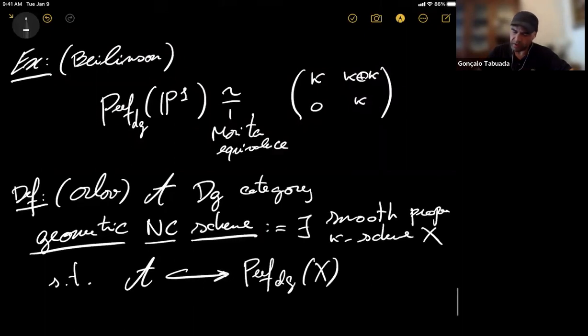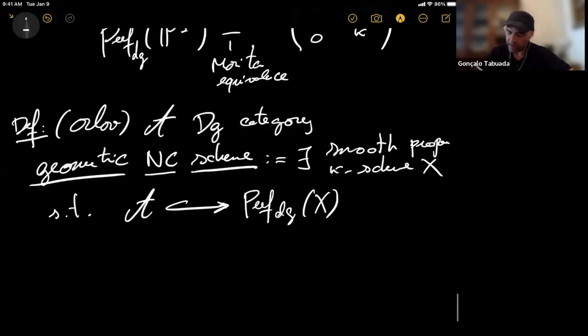This embedding needs to satisfy a technical condition: it needs to be admissible, in other words this inclusion needs to admit left and right adjoints. This X is not necessarily unique. We're just saying that this category sits inside the derived category of a truly geometric object. So you call it a geometric non-commutative scheme.